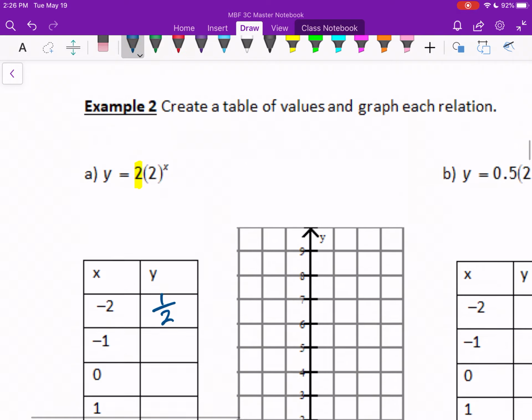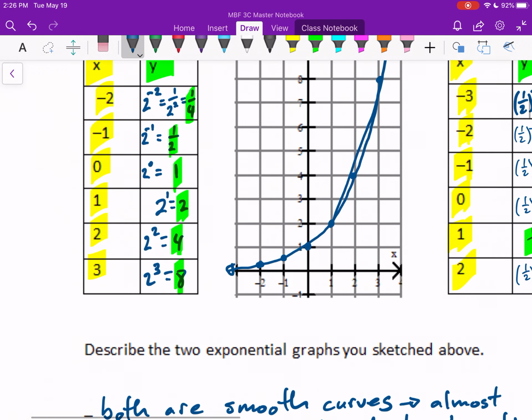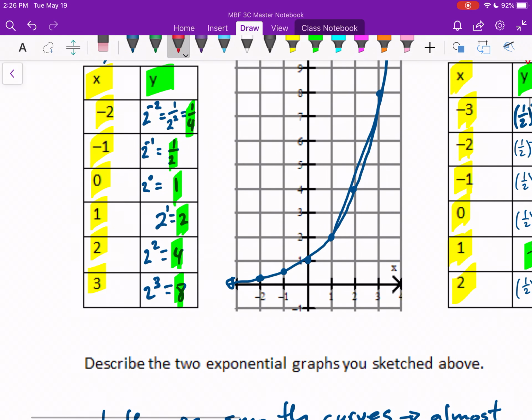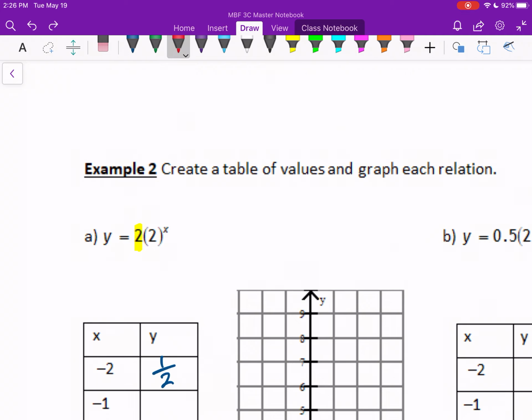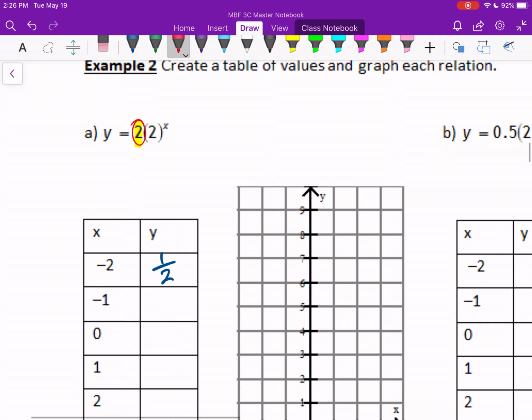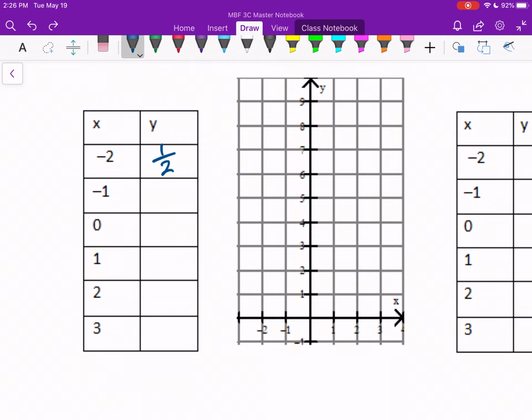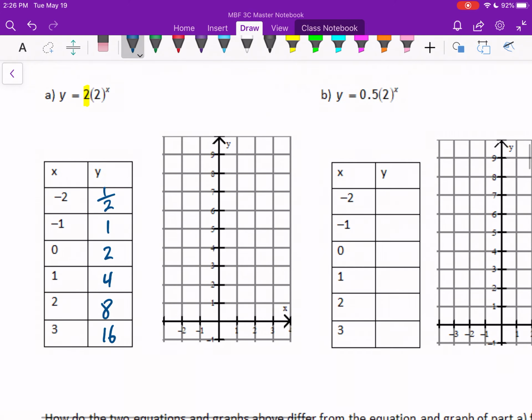So this one's going to equal 1/2, and if I go to the next one down, if I multiply this by 2, a half times 2 equals 1. And if I multiply this by 2, I get 2, and this by 2, I get 4. So I'm just multiplying all these answers by 2 because of this 2 out front. So I get 1, 2, 4, 8, 16. And then we can plot it.